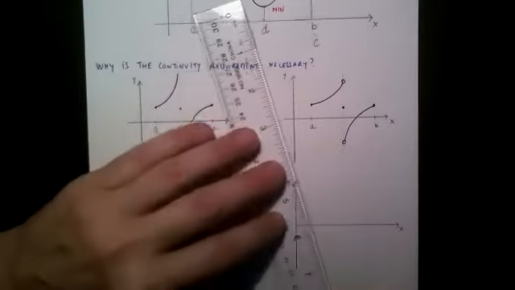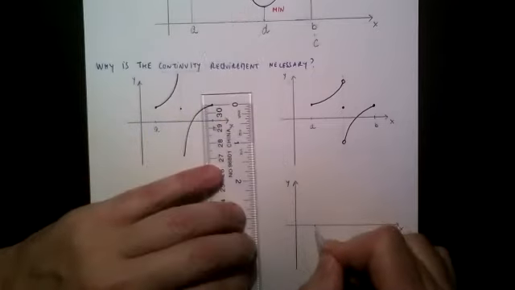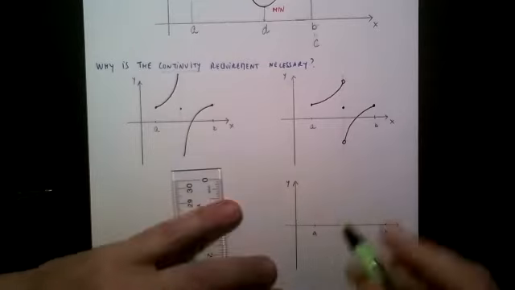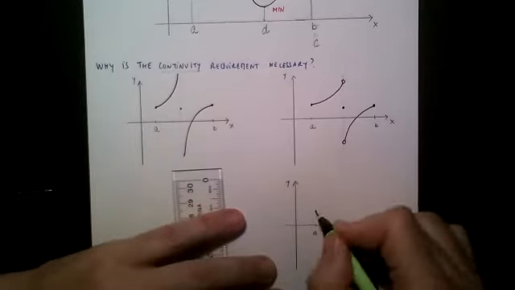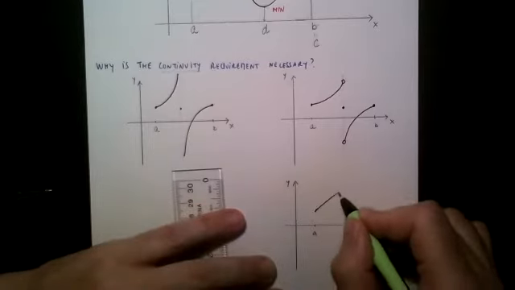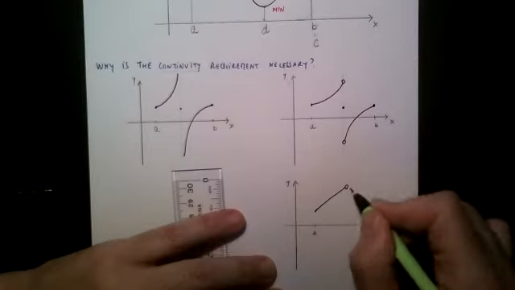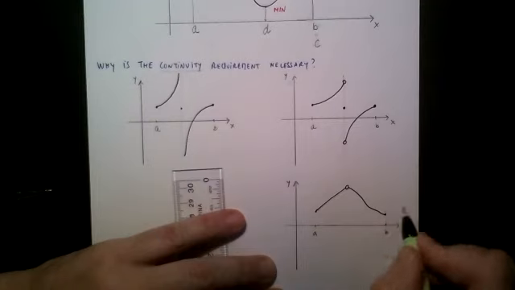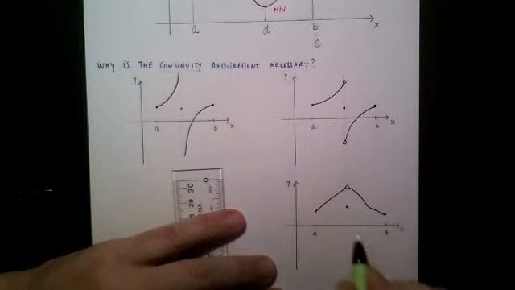Okay, again, let's do A and B, and let's do a function like this. Goes up, empty, goes down here, and say a point here, who cares?